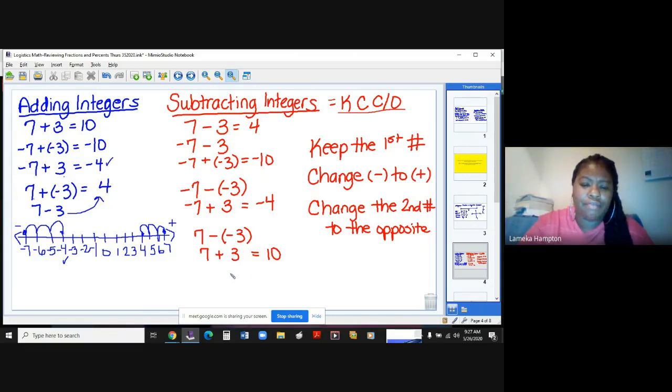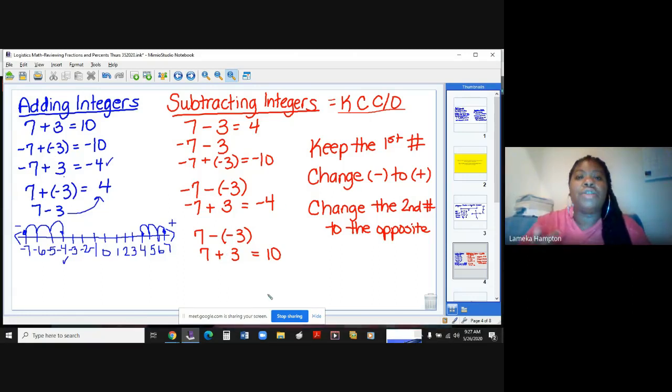Now, the reason why I kept repeating the same problem twice is because it's going to be very important that you hear yourself when you say these types of problems as it relates to subtracting integers. Because when you say it out loud, it's going to help you with your rules of keep, change, or keep, change, opposite.